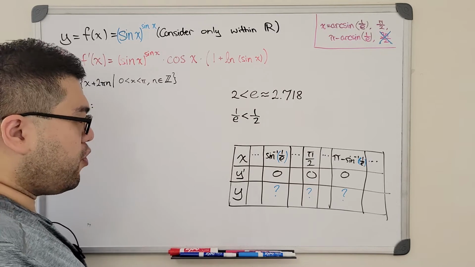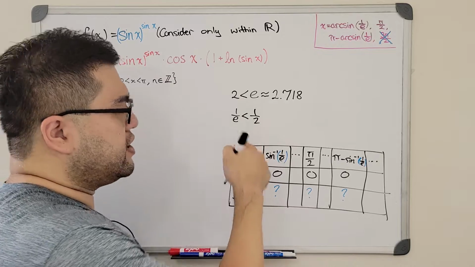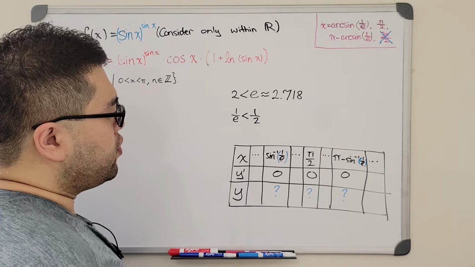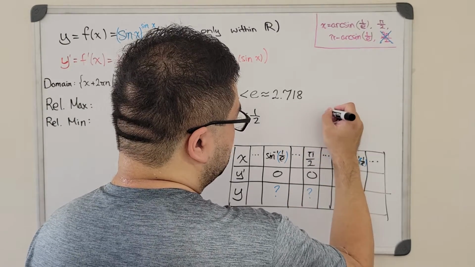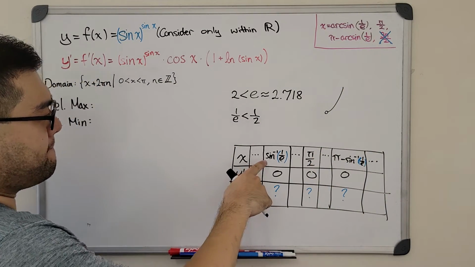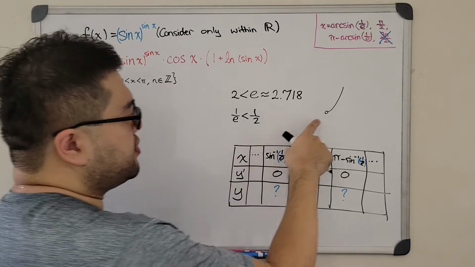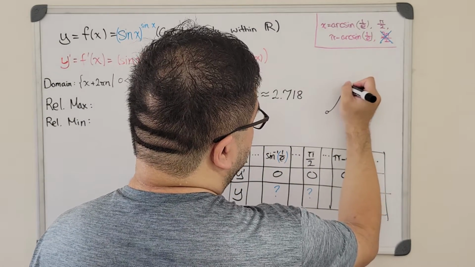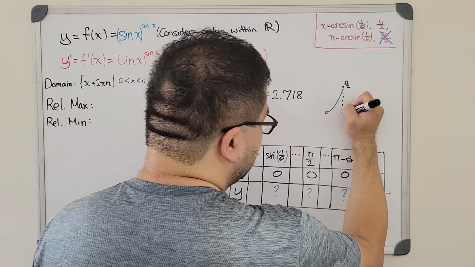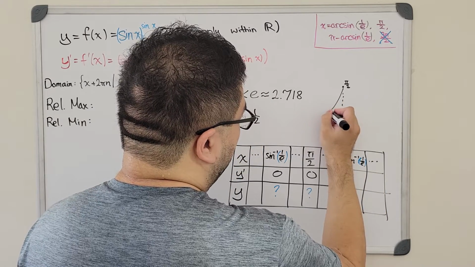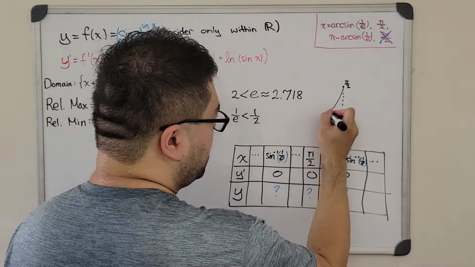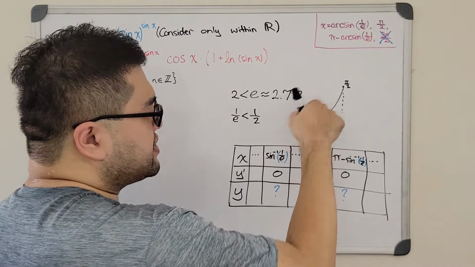Actually, before we move on and talk about what it does, we need to talk about some properties of the sine function as well, because we know that the sine function is a monotonic increasing function, meaning that it's always increasing as we consider within 0 to the peak, which is pi over 2. When x is equal to pi over 2, it hits its maximum, and if we consider the open interval from 0 to pi over 2, the whole graph is increasing.